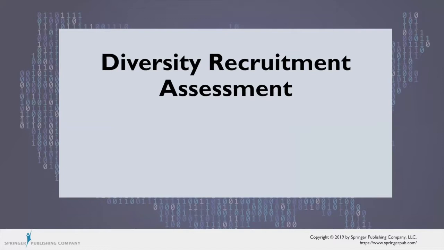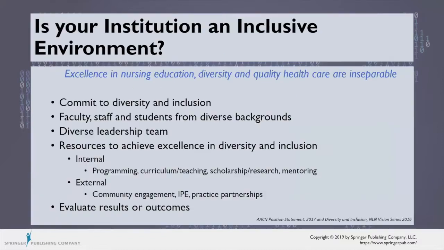Okay, so diversity is fundamental to excellence in nursing, and inclusive excellence is essential. Studies have shown that diverse educational and organizational settings yield greater innovation and creativity, greater critical thinking, and greater overall productivity.